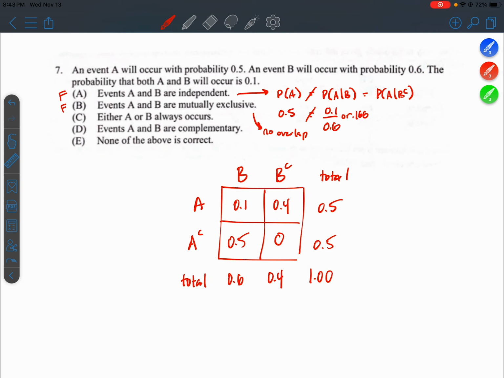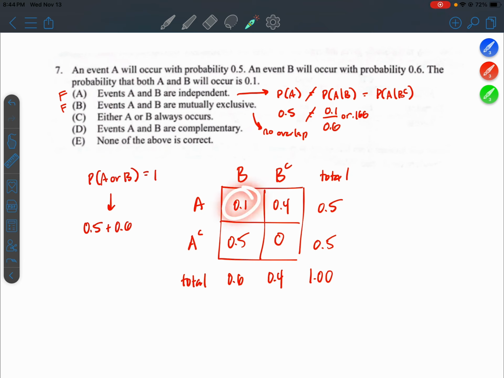Choice C, either A or B always occurs. That would be equivalent to saying the probability of A or B is equal to 1, 100%. Well, let's check. The probability of A is 0.5. The probability of B is 0.6.